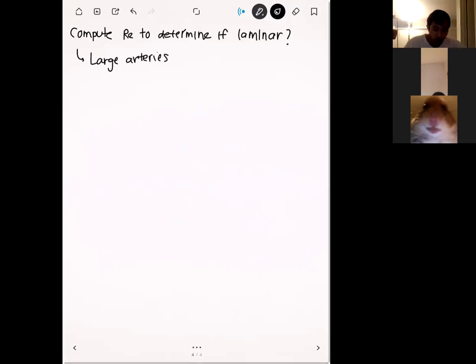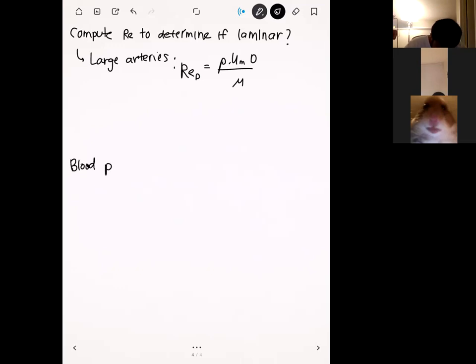For the large arteries, the Reynolds number is going to be equal to rho u_m D divided by mu, okay? And I just realized I forgot to give you the properties, so let me go ahead and give those to you as well.